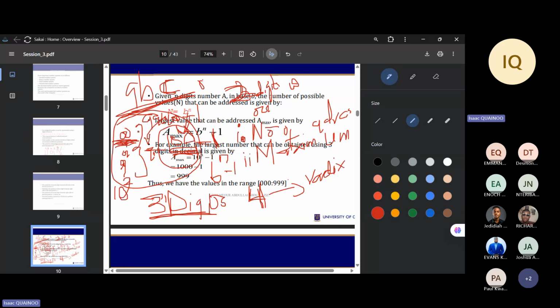But if we are counting the number of arrangements within this particular set, we will count 00 as 1, which will make the last 99 become 100 instead. So in order for us to know the real largest value, we have to take the 00 out of it, which is that 1. So we subtract the 1 from it, and then we get the largest value that can be accommodated within that particular representation. And in this case, that would be 99.